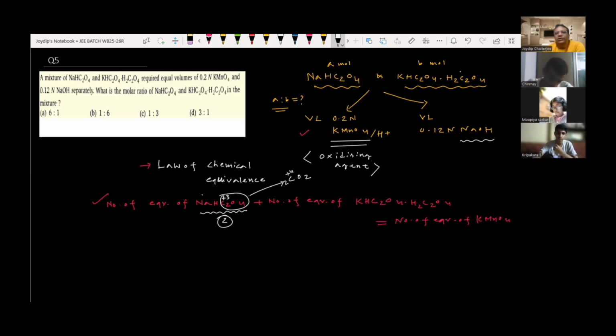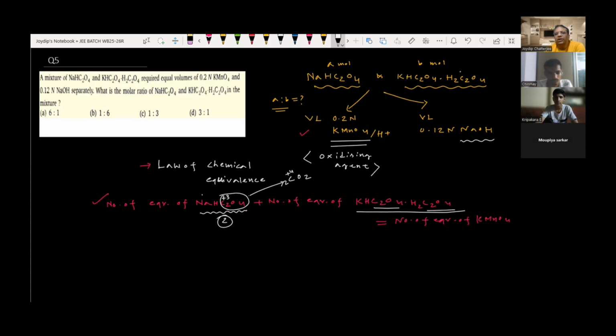Now for the other compound, what will be the N factor? After knowing the N factor, we'll apply the law of chemical equivalence. This is an addition compound. Here also the oxalate part is there. How many carbon atoms are there? 1, 2, 3, 4.